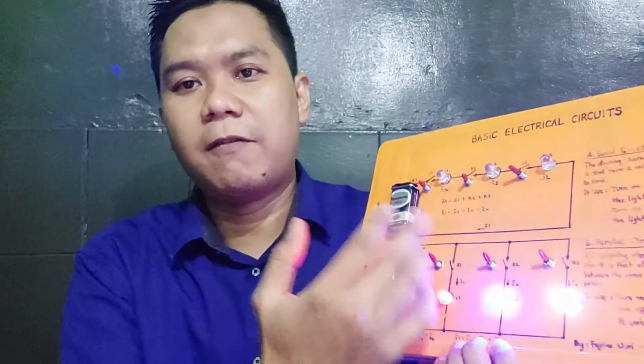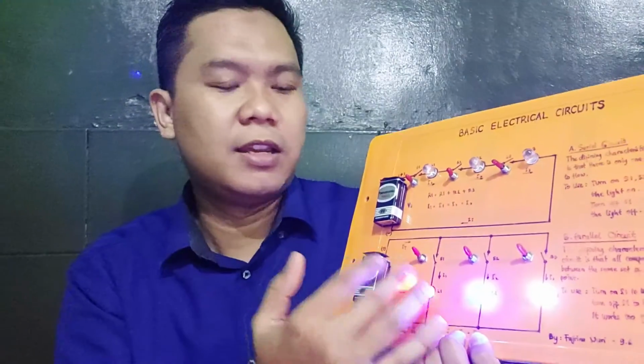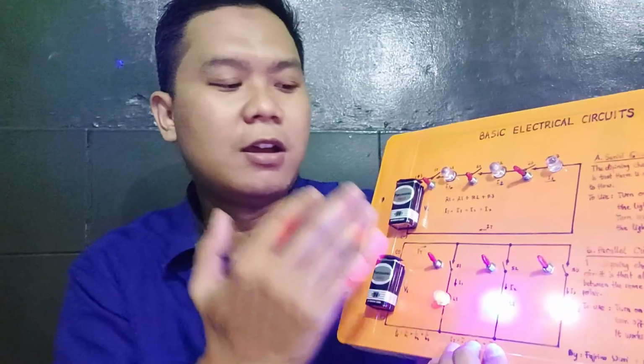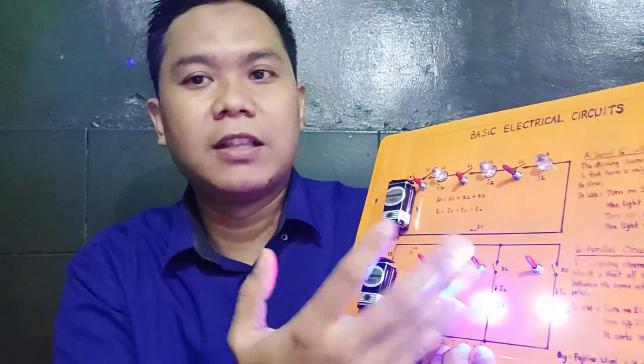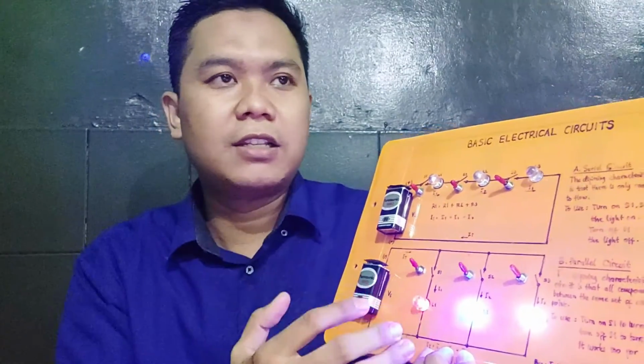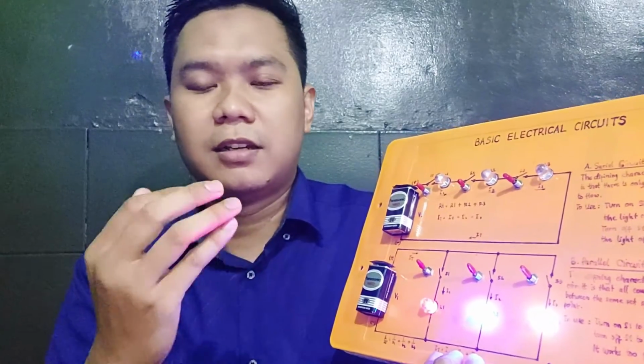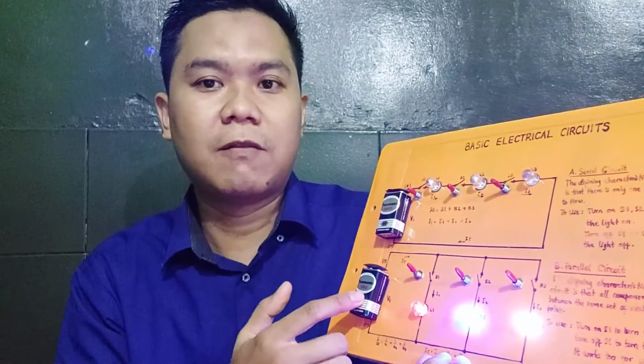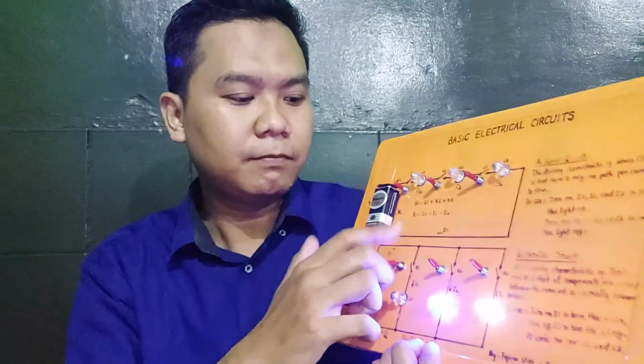Every branch has a different current. The current depends on the resistance of a lamp and the voltage of the energy source.